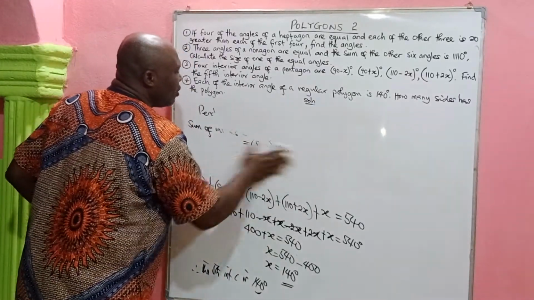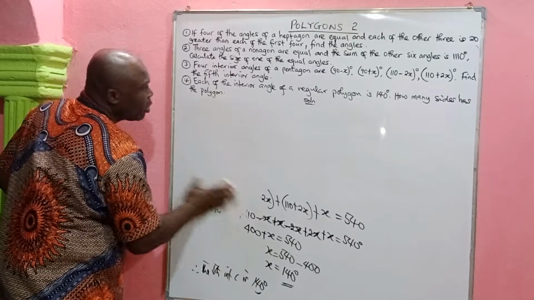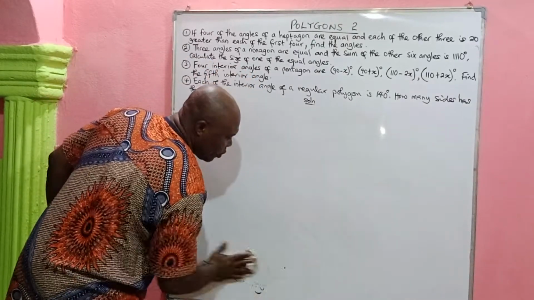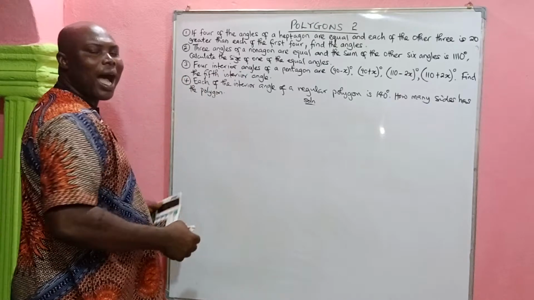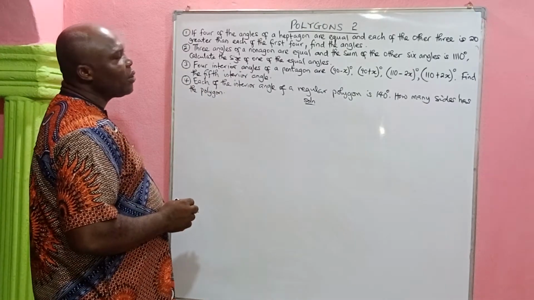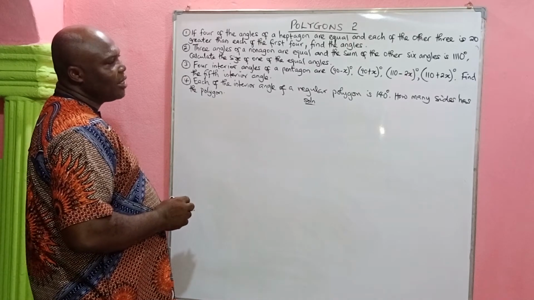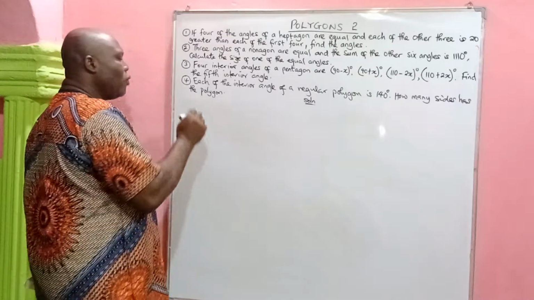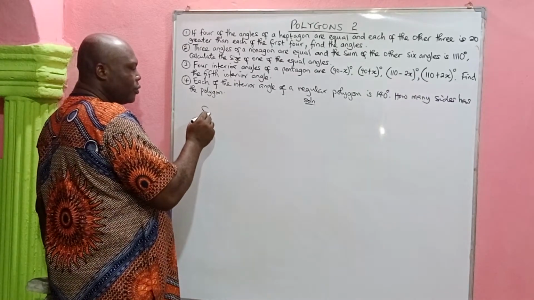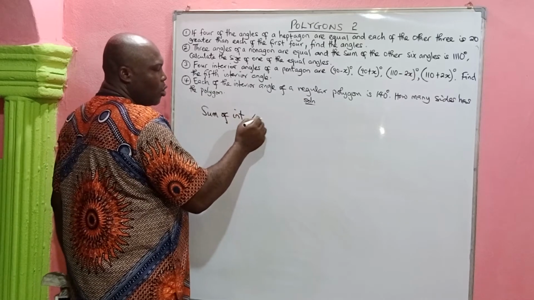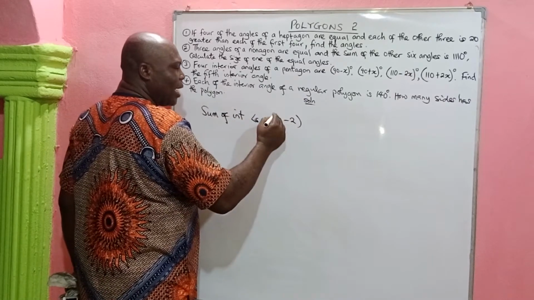Alright, so we'll take the last one. They said each of the interior angles of a regular polygon is 140 degrees. How many sides has the polygon? This is a peculiar one. Now we know that the sum of interior angles is n minus 2 times 180.